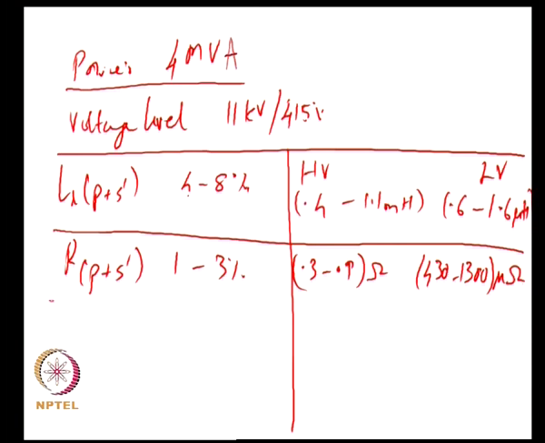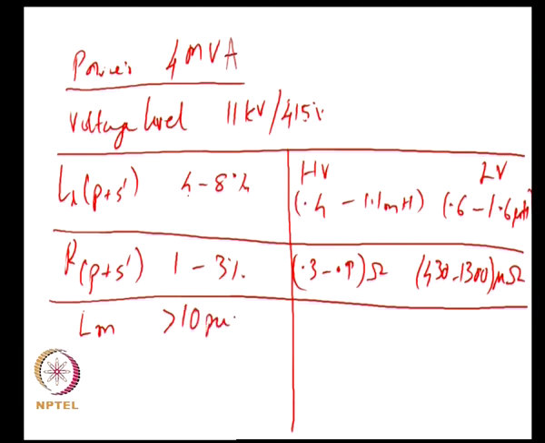Okay. If you look at something like your magnetizing inductance, you are talking of something much greater than 10 per unit, and so here you are talking of greater than 140 millihenry on the high voltage side, or about 200 microhenries on the low voltage side.